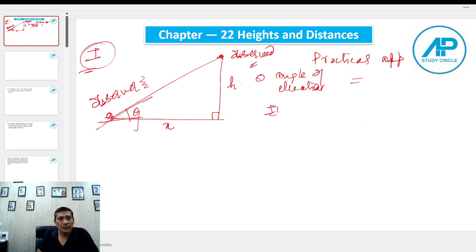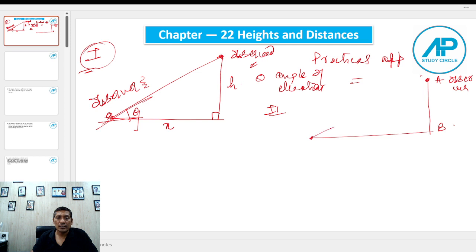Now the second case is for: suppose a man is standing at some altitude, and you see that the man is observing from here. This is the observer.